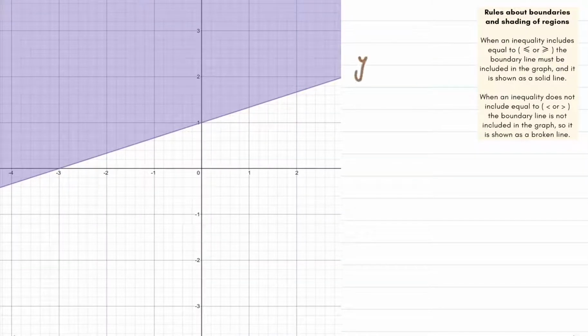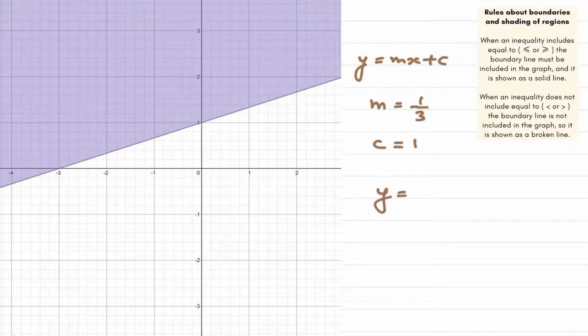In this question also, let us find the gradient or the slope m. Here the slope is 1 over 3 and c, that is the y-intercept, is positive 1.